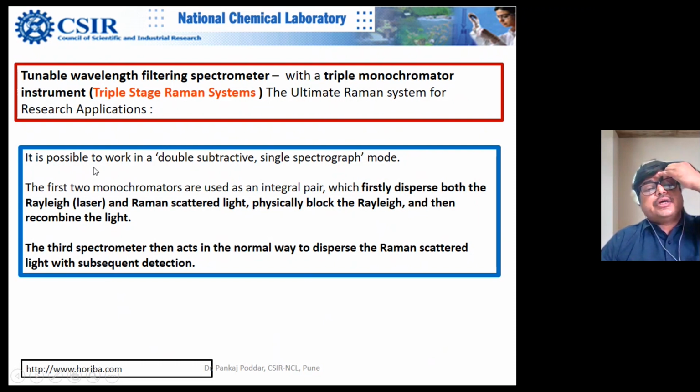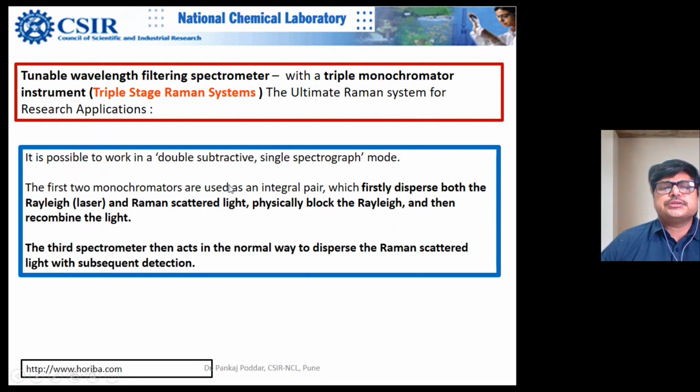Actually, it's better to have an additive type triple spectrometer, not even subtractive type, because physicists normally look at much higher resolution Raman spectra. So it is possible to work in a double subtractive single spectrograph mode.